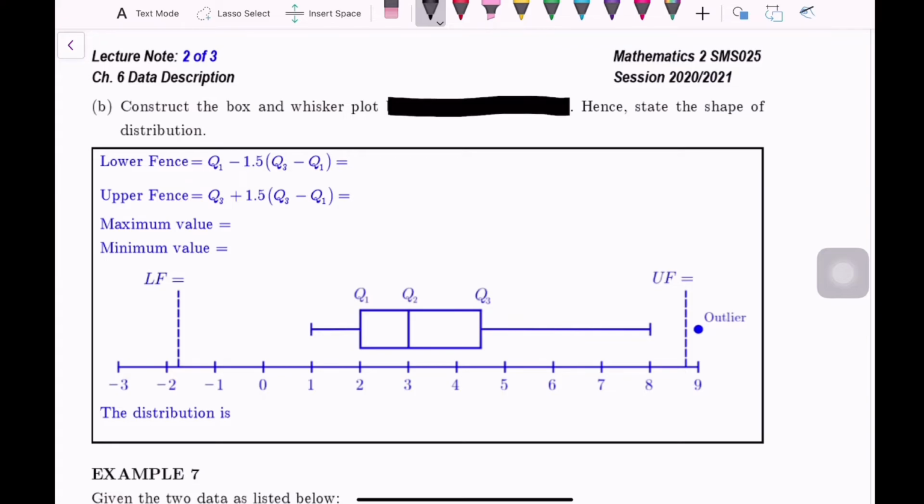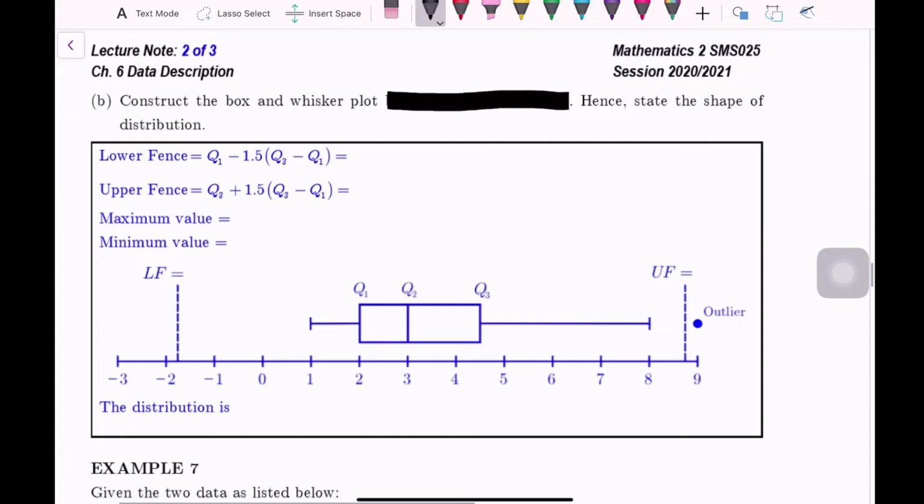Construct the box and whisker plot. Hence, state the shape of the distribution. First, we determine the lower fence by using the formula. So 2 minus 1.5 times 4.5 minus 2 is equal to negative 1.75.